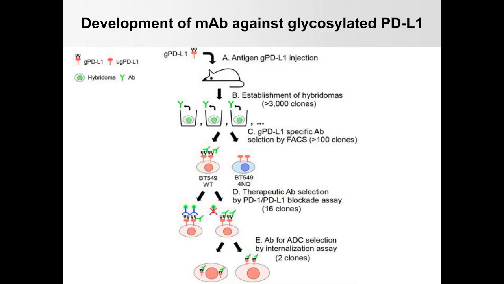And then we used the IncuCyte machine to help us further narrow down which antibody has the ability to neutralize the PD-L1 and PD-1 interaction. We finally narrowed down two monoclonal antibodies that have this ability.